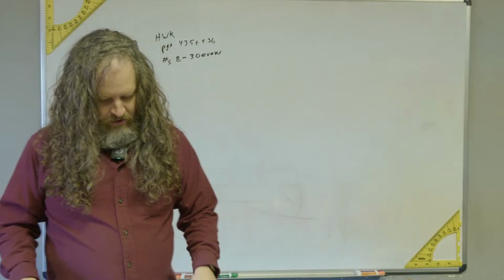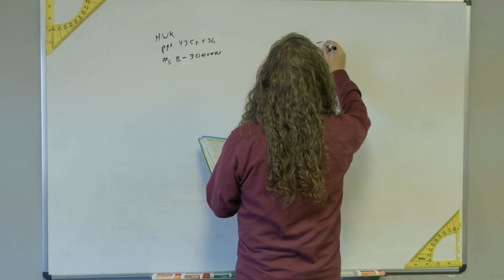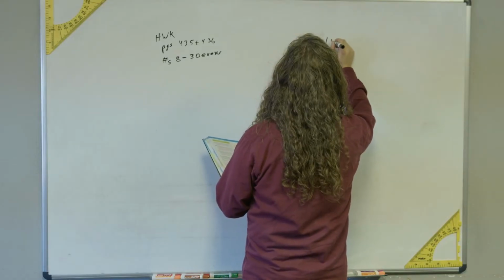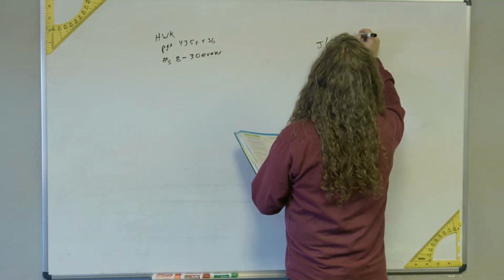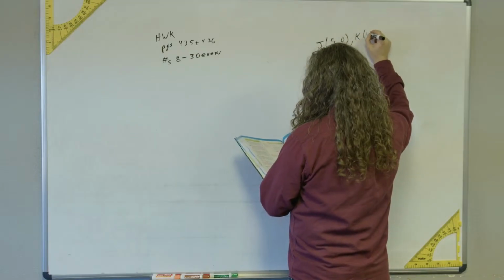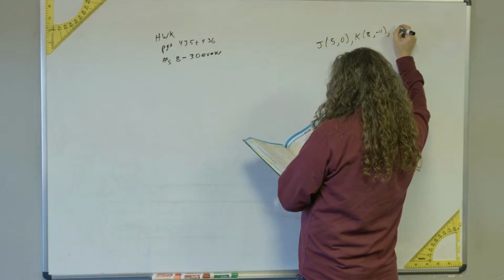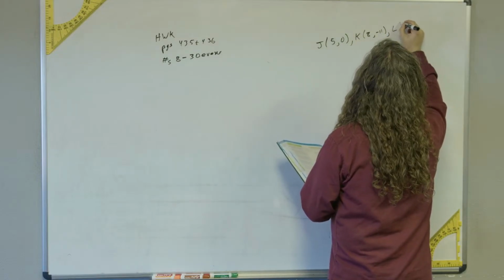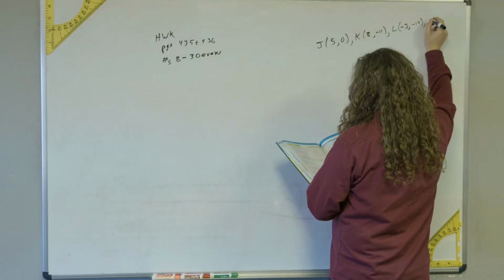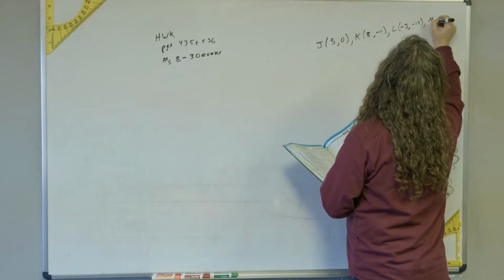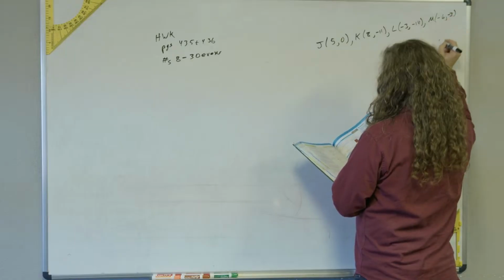We'll see. So we are given that J is at 5, 0, and K is at 8, -11, and L is at -3, -14, and M is at -6, -3.